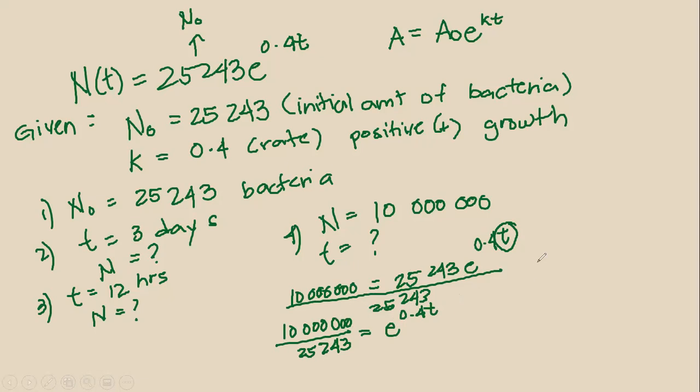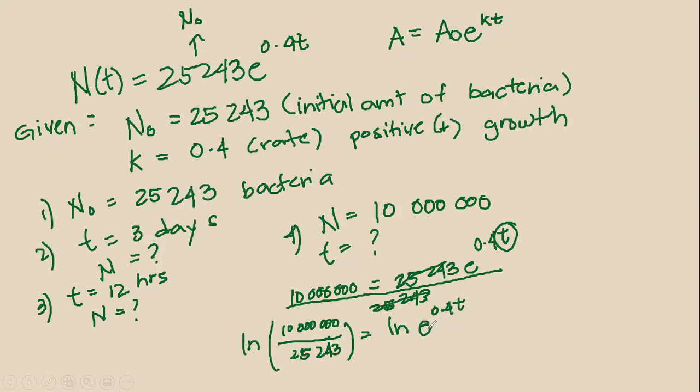Okay? So by virtue of the natural logarithm, pwede nating i-ln both sides. So the ln sa parehas na side. So magkaroon tayo ng natural logarithm of 10 million over 25,243 is equal to the natural logarithm of e raised to 0.4 times t.